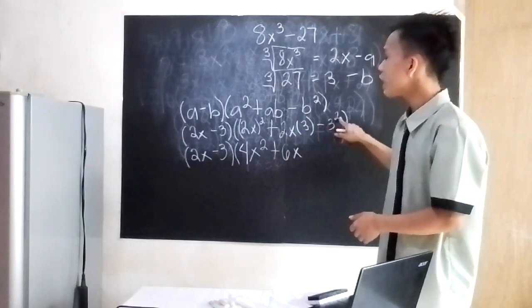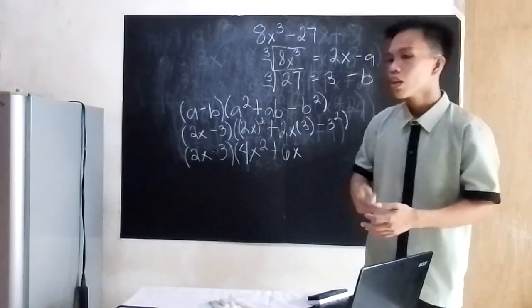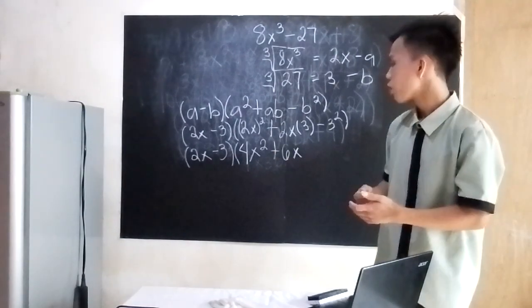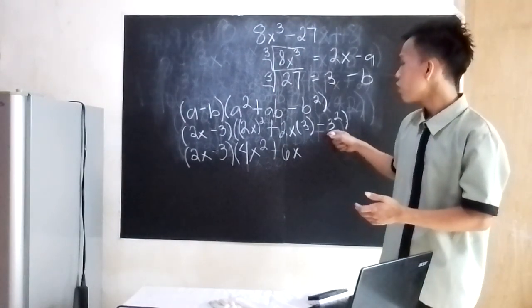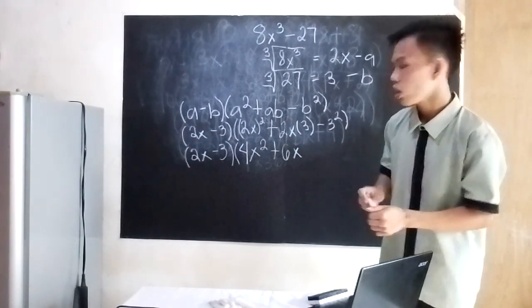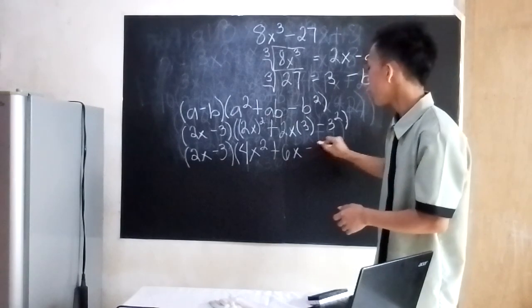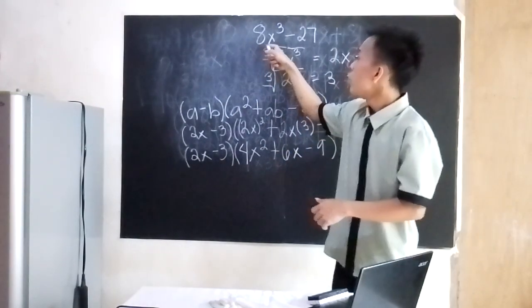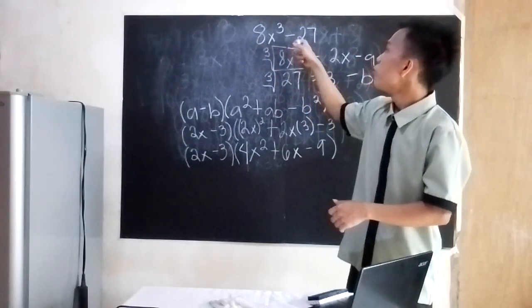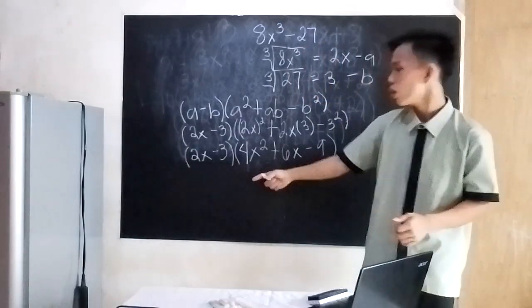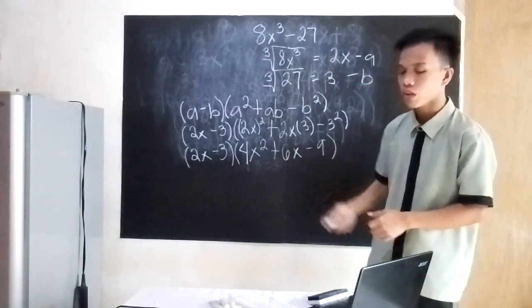Then next, what is 3 squared? So 3 times 3, or a number multiplied to itself. What is 3 times 3? That's right. So that will be 9. So the factor of 8x cubed minus 27 is 2x minus 3 multiplied by 4x squared plus 6x plus 9.